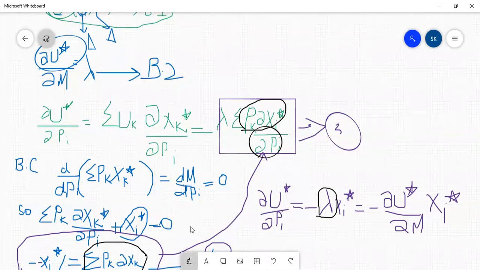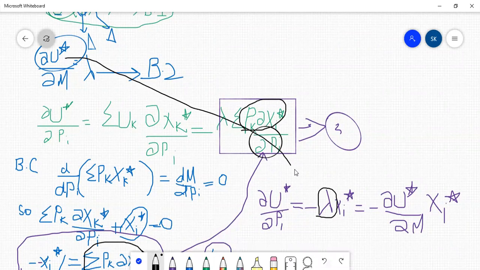Now, the value of lambda has been taken from here. That is, the value of lambda is curly u star upon curly m, and therefore instead of this lambda, we have substituted the value curly u star upon curly m, and it has been multiplied by minus xi star, the negative sign is written over here.